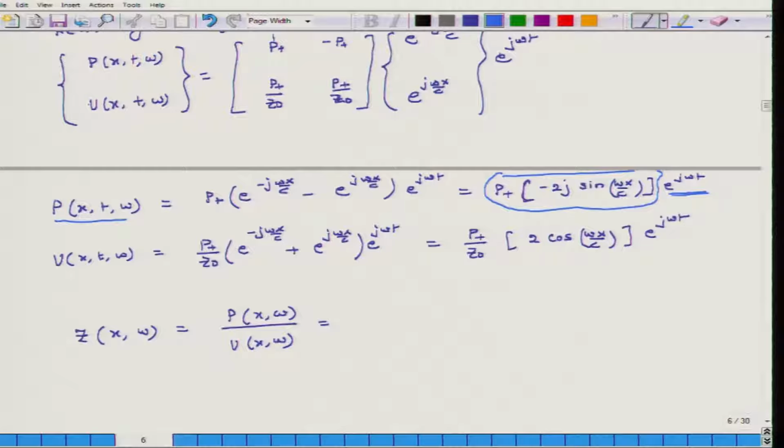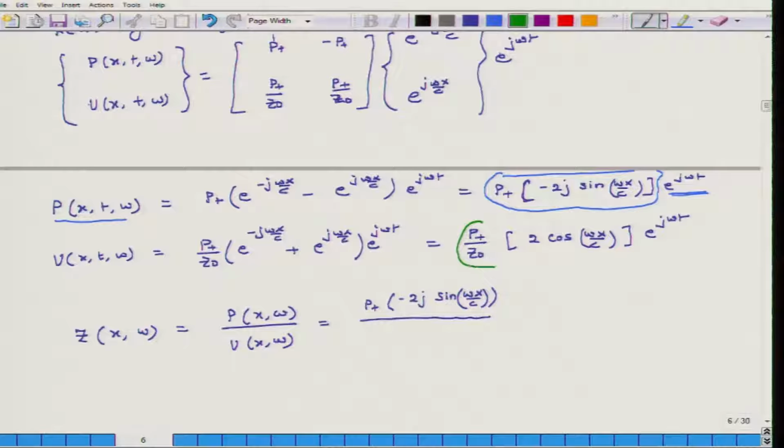So, in the numerator for the expression for Z, we will write P plus times minus 2j sin omega x over c.